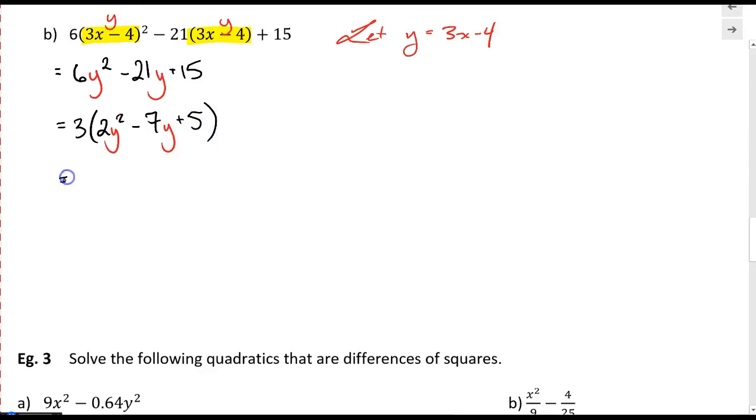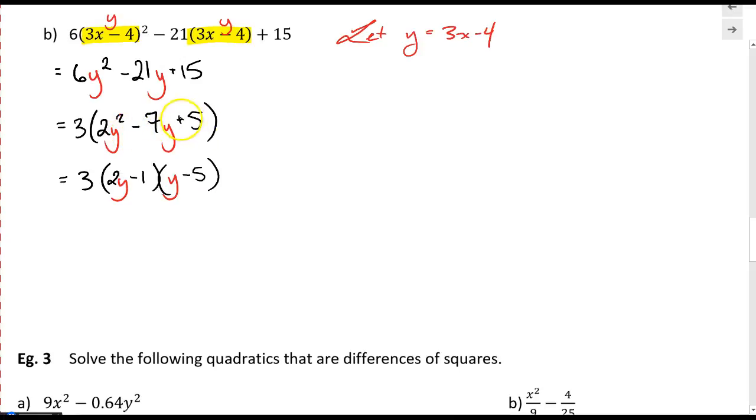From here, I'm going to factor it out, and I get 2y, keeping that y red, minus 1, and y minus 5. Now, if you're asking, why is it minus 1 and minus 5?